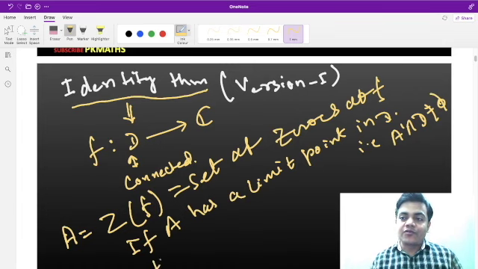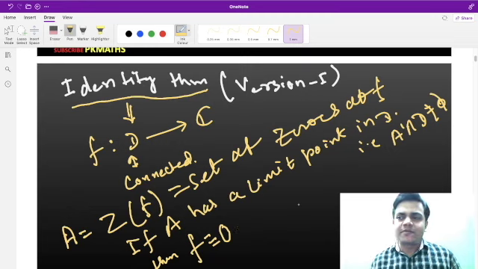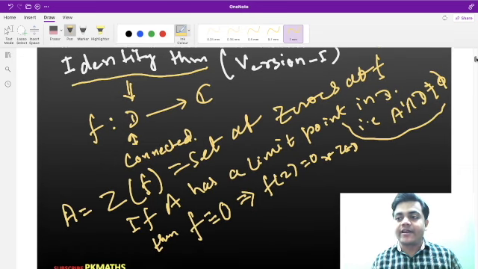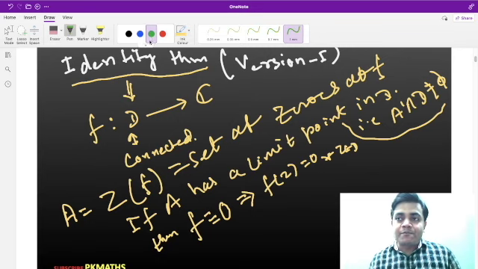What shall happen? Do you know? Yes, then your f will be identically equal to 0. What do you mean by identically equal to 0? It means your f of z will be equal to 0 for all z belonging to D. This is nothing but the identity theorem, and we'll apply it beautifully on this CSIR NET question.